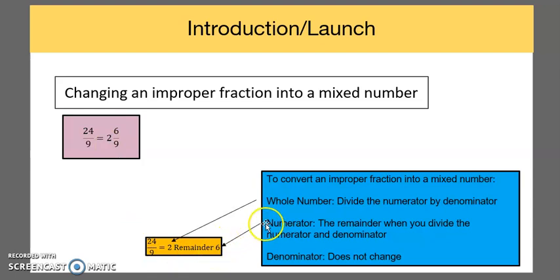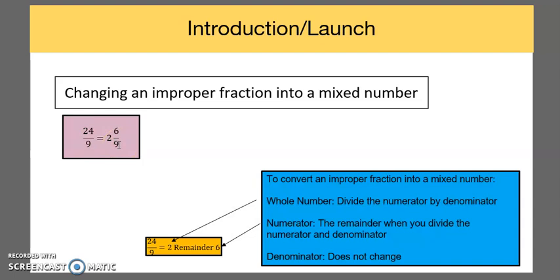The remainder becomes the numerator, so 6 goes in the place of the numerator. Last is the denominator, which does not change. The denominator of the improper fraction was 9, and in our mixed number it is also 9.